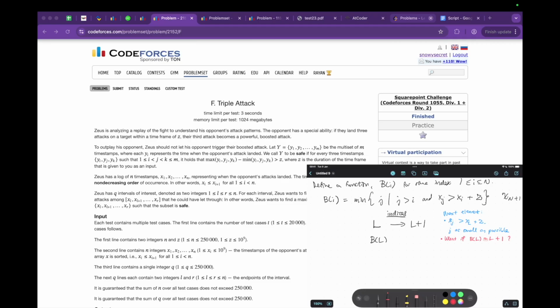So in fact, this is not possible, and we cannot set BL to be the next index for sure, right? So indeed, this is a special case which we would currently decide to not consider. Let's skip this special case for now.